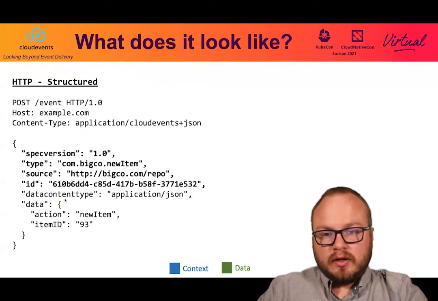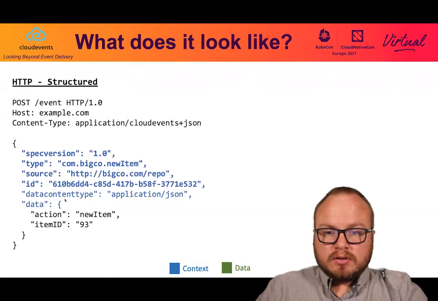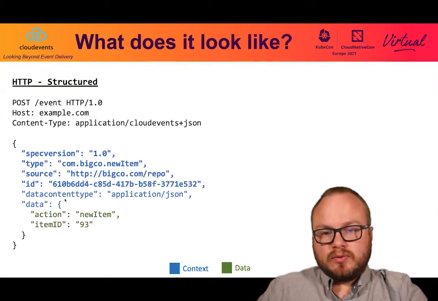Here on the left, we have the HTTP structured event, where everything in blue is basically the context and the metadata defined by CloudEvents. We see the spec version as 1.0, as we don't put the patch version in this attribute, the type of event, the source, and the ID, which are the ones in bold, the 4 required attributes.